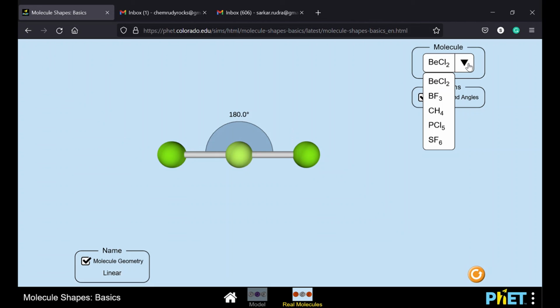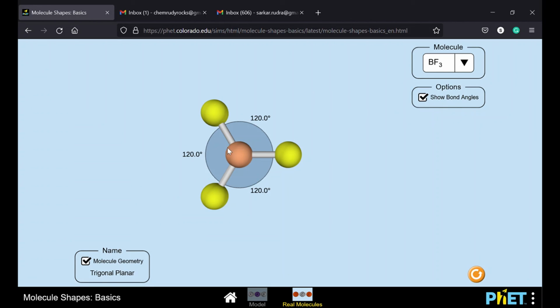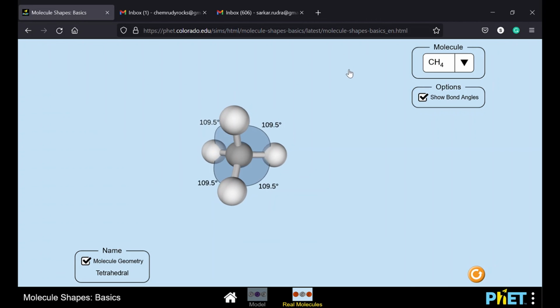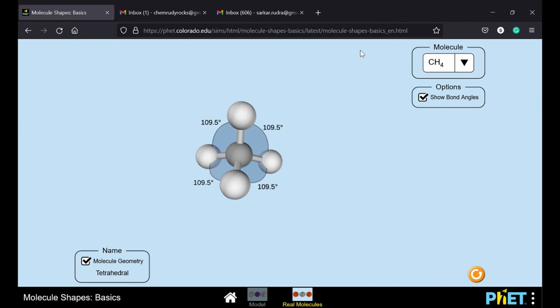If you want a trigonal planar geometry, you can use BF3 as an example. If you want a tetrahedral molecule as an example, it can be NH4+, BF4-, PCl4+. The list is endless. So that is your tetrahedral shape of CH4.